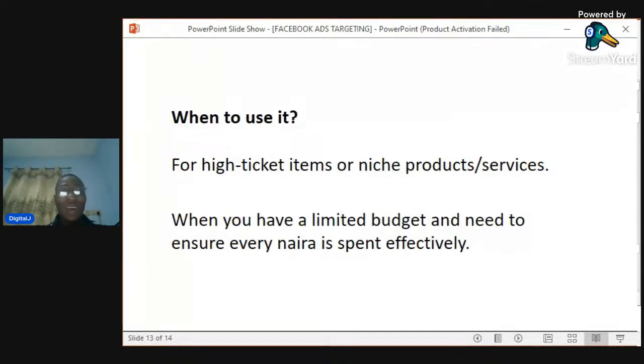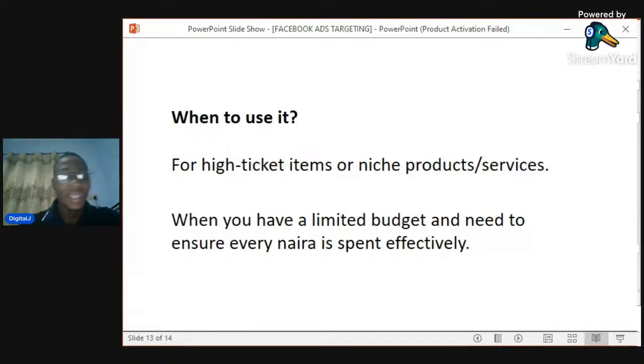So anybody that sees the ad and then clicks on it and then goes to your funnel and then lands at the end of your funnel, it means that that person is like 70% converted already. It is now left for you to do the follow-up, to do the work, to make sure that that person that has gotten to the end of the funnel through that now targeting pays or buys whatever you are selling or whatever offers you have.